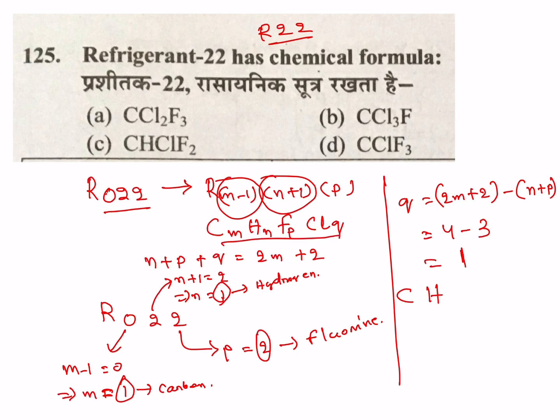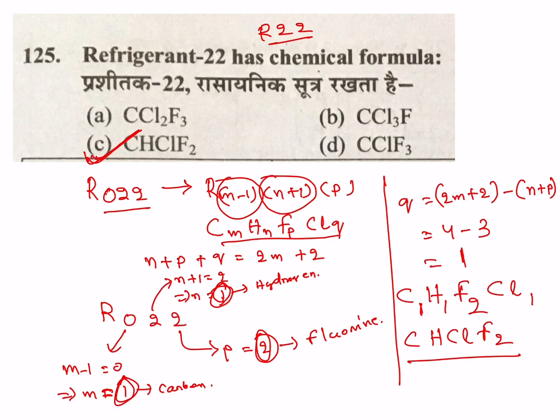So carbon, hydrogen, then fluorine, then chlorine. Carbon how much? M is 1, H also 1, fluorine 2, chlorine 1. Or you can write CHClF2, monochlorodifluoromethane. From the options, CHClF2, C is your correct answer.